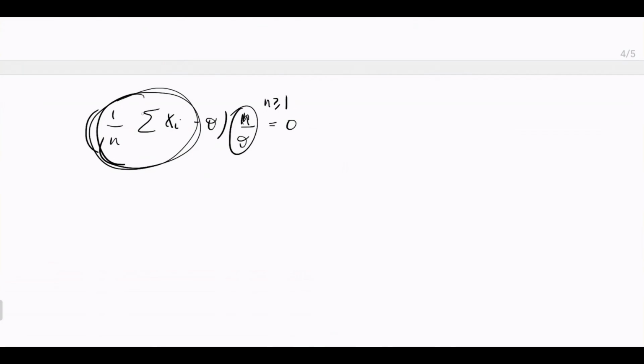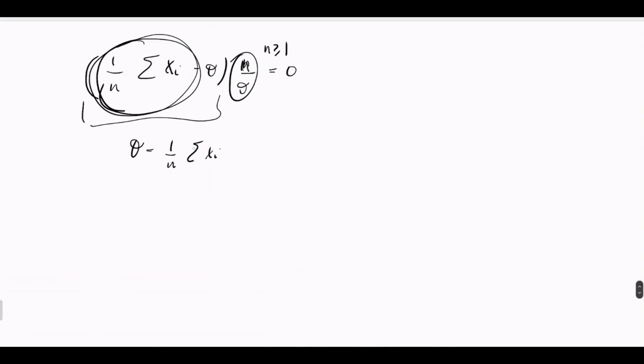And so the only way this is 0 is if theta is equal to this thing. Okay, so that's the only way this is equal to 0. And there you go, both ways. This MLE is equal to the efficient estimator. The efficient estimator is equal to the MLE.